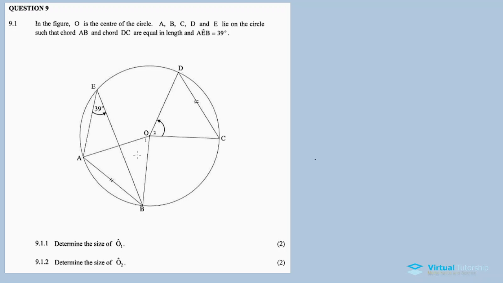This is not a bow tie, but the angle O1 is an angle at the center, and this angle 39 is an angle at the circumference. So for 9.1.1, O1 is equal to 2 times 39 because of the theorem: the angle at center is equal to 2 times the angle at circumference, right?